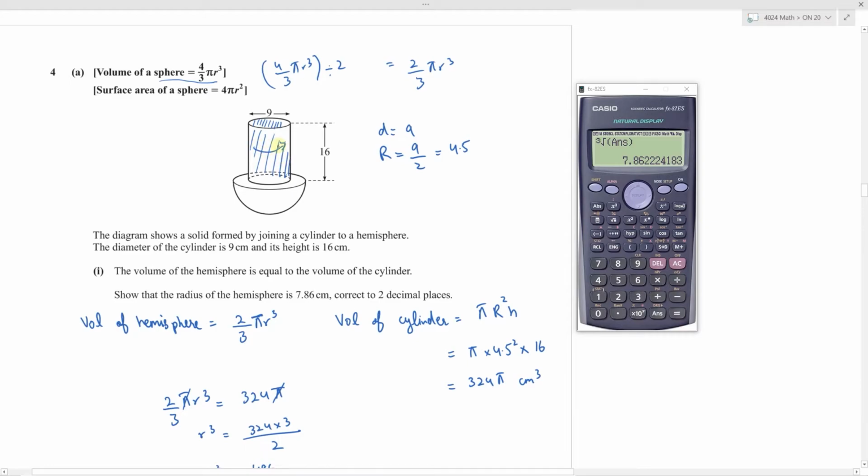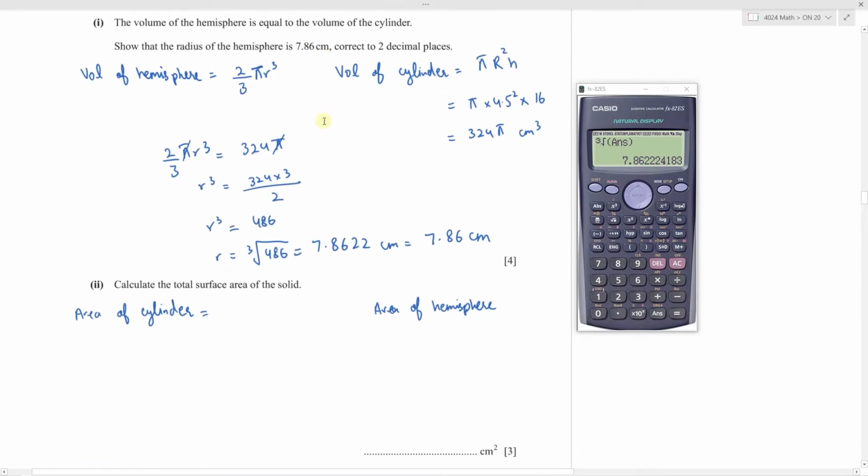Only the top side and the curved surface area are the part of the solid. So curved surface area is 2 pi r h, and the area of a circle on the top will be pi r square. So let's calculate that. Since I'm calling the radius of cylinder capital R, 2 pi r h is the curved surface area plus pi r square is the surface area of the top circle. So this will be 2 pi into 4.5 into height 16 plus pi into 4.5 square.